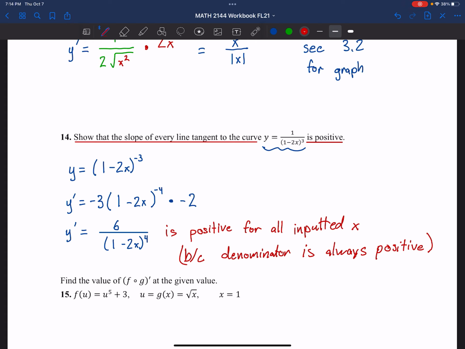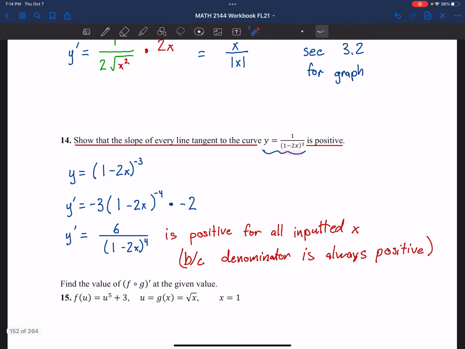So that's just a nice little context. But again, hopefully you're comfortable with the reasoning about why this is always positive, and again, something to the 4th will always be positive, or I should at least say non-negative. So yeah, this is positive. Or 0, but you wouldn't plug in something to get 0 because it wouldn't be defined in the original function to begin with. It has the same domain.